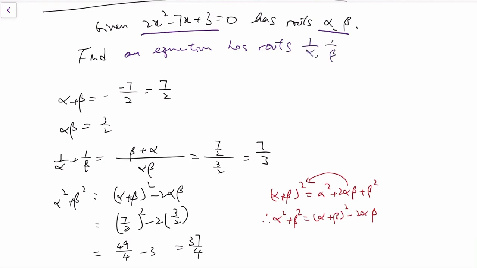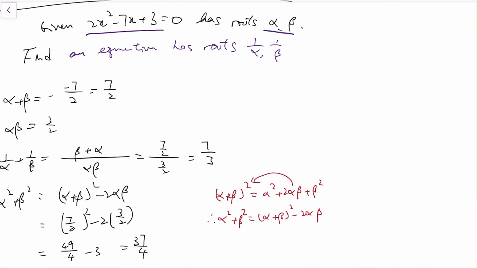Then you can also use sum of roots and product of roots to do this. The way is you assume the equation to be x minus 1 over alpha times x minus 1 over beta. As I showed you before, there should be an a, but since this is up to us, a could be anything. So you could take a to be 1.